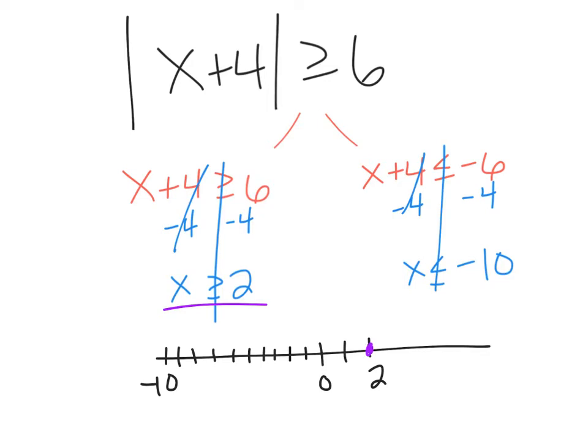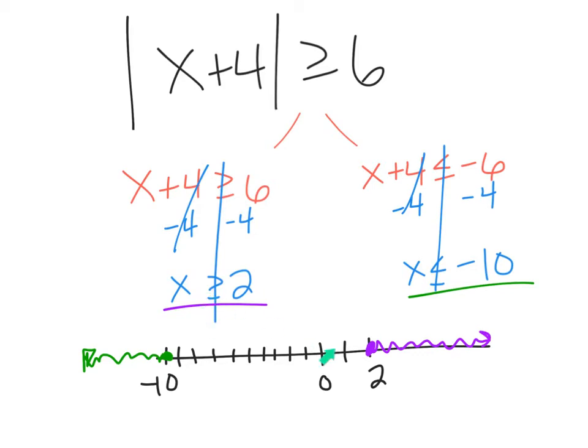It says x is greater than 2. Greater is this way. Numbers like 3, 4, 5, 6, those are greater than 2. And then I'll use green for this one. Negative 10. X is less than negative 10. That would be numbers that are to the left. Like negative 11, negative 12, negative 13. Those are less than negative 10.